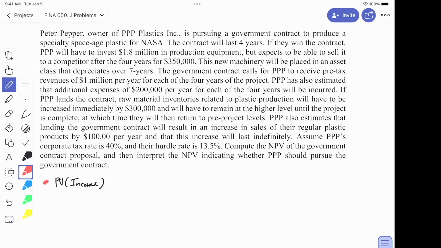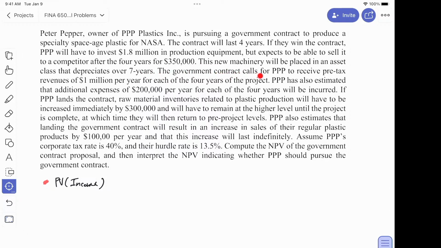The contract will last for 4 years. If they win the contract, it will have to invest 1.8 million in production equipment, but expects to be able to sell it to a competitor after the 4 years for 350,000. That's not income, right? This new machinery will be placed in an asset class that depreciates over 7 years.